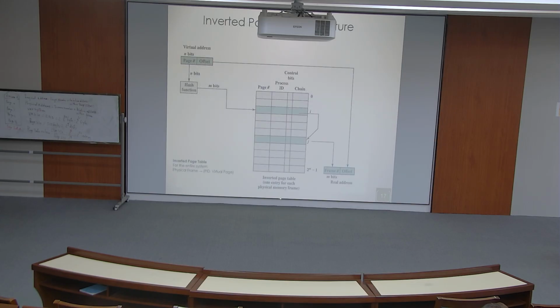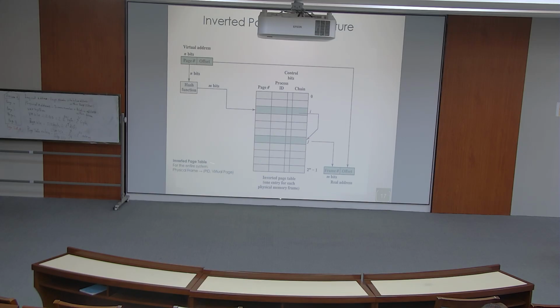Now here we have the inverted page table structure. We have the virtual address, which includes the page number and the offset. Together they form a number of n bits, and this virtual address is passed through a hash function, and then we get m bits. Now you can see that the inverted page table includes the process ID as well as the virtual page.